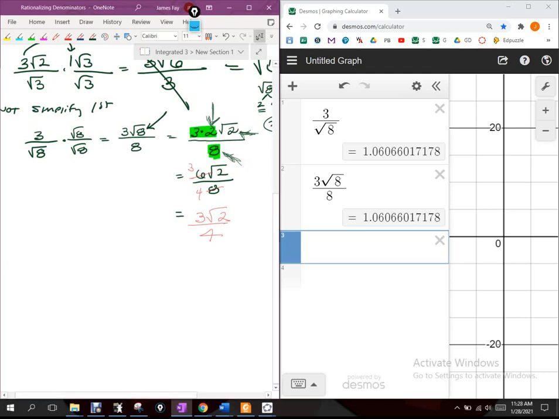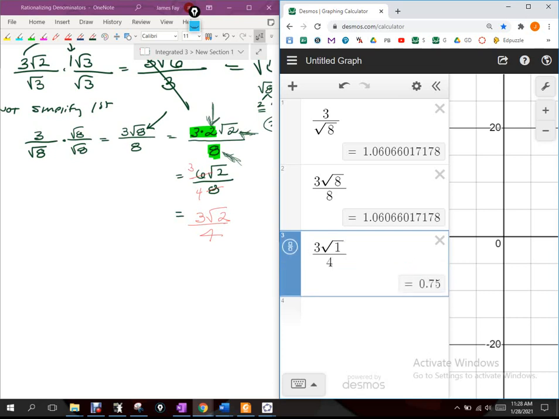Well, if that's allowable, then when I type that into my calculator, once I take that 2 out of everything, I should still get this number right here, right? So if I take that 2 out, I would have 3 square root of 1 over 4. And do I get that number right there? No. So it tells me that the 2 I tried to take out of here wasn't allowed to be done.